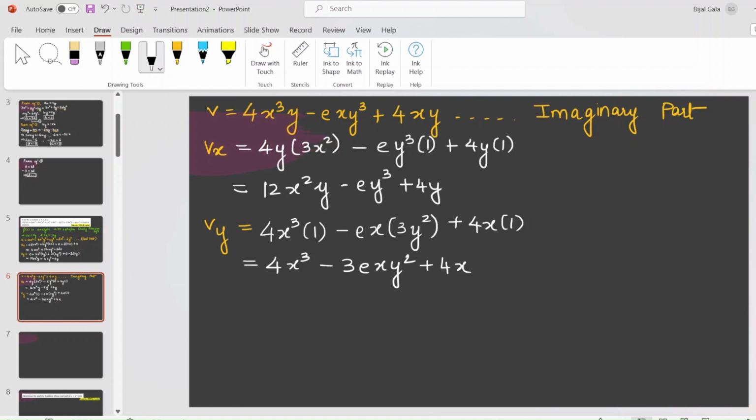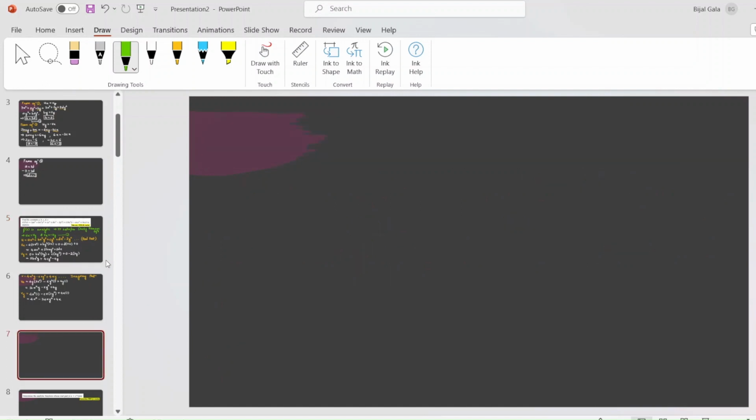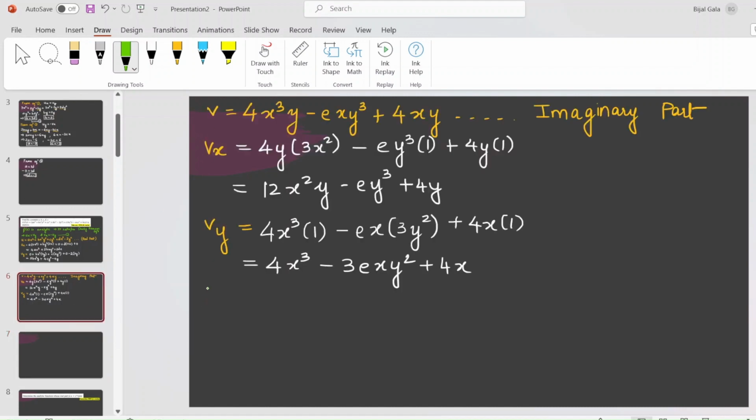Once we got all of this, again, like the previous sum, we'll use Cauchy-Riemann equations. So let me call this equation 1. First, I'm using ux is equal to vy.